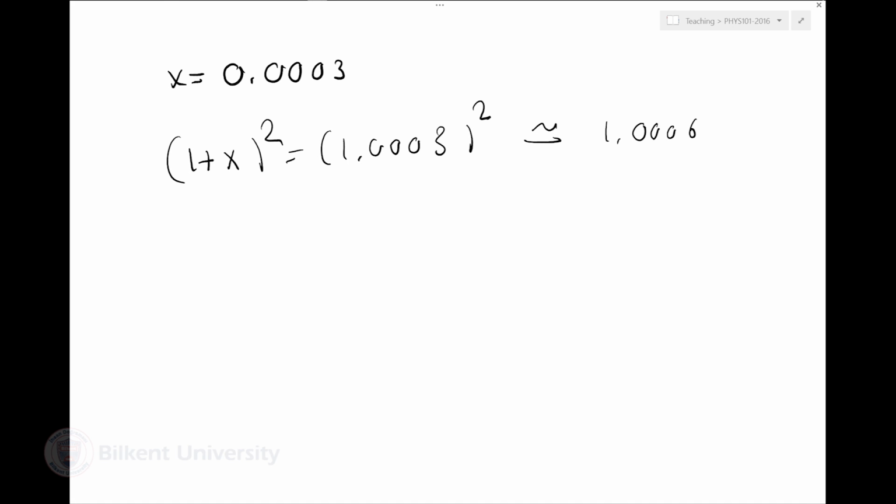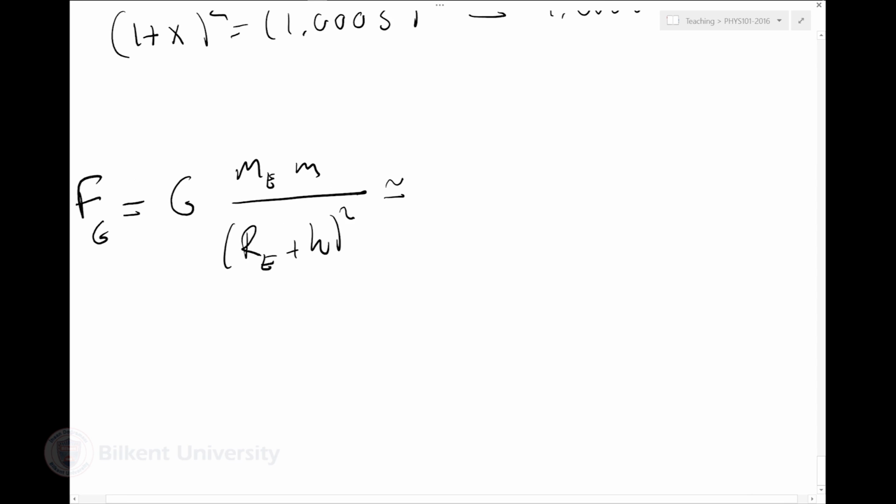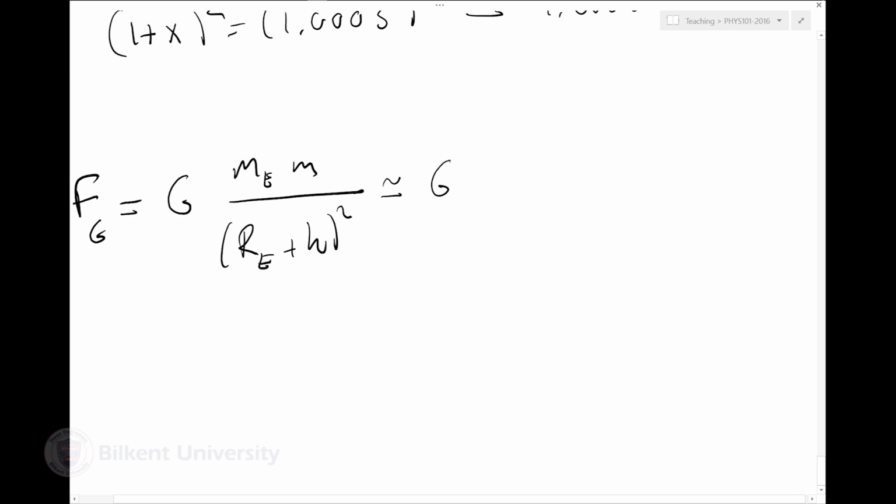Good. So here's what I'll do. The gravitational force is G m_Earth m divided by (r_Earth plus h) squared. I will say this is G times m_e times m divided by r_Earth squared times (1 plus h over r_e) squared. I can always do that. And then, well, here, this is just an equality. Here is my approximation.